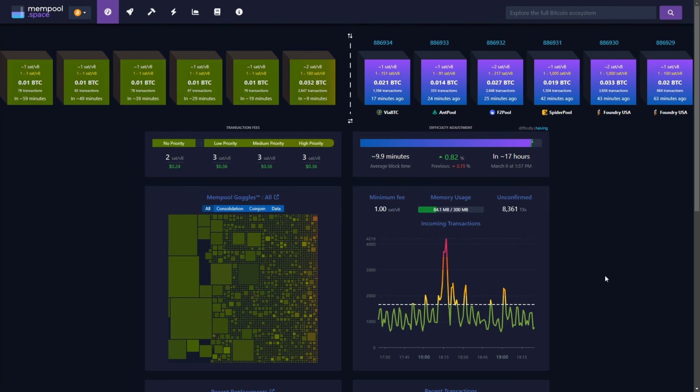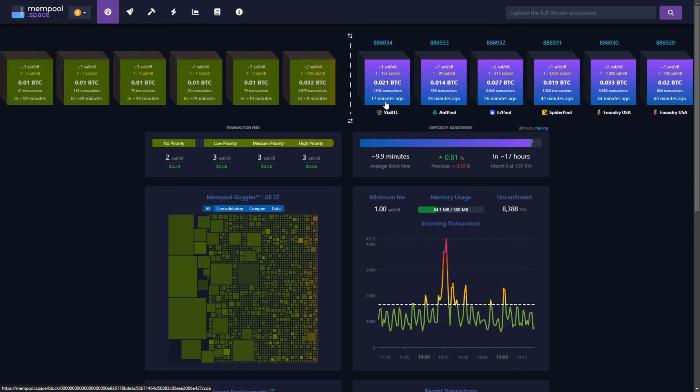Because some people might not know that with Bitcoin, there isn't a block every 10 minutes. 10 minutes is just the average that it takes to mine a block. So you can see here the last block was found 17 minutes ago, not 10 minutes ago. There can be times when it takes 20, 30, 40, even 50 or 60 minutes to find a single block.